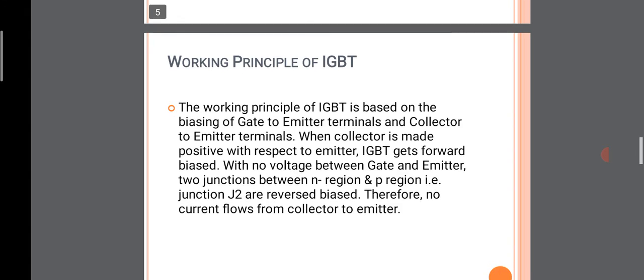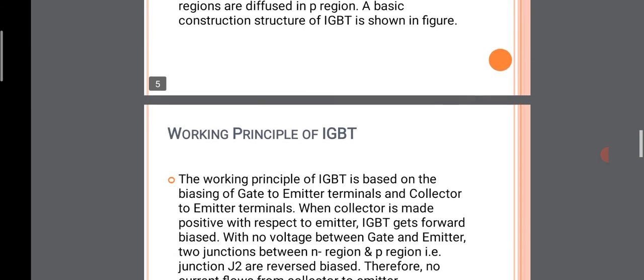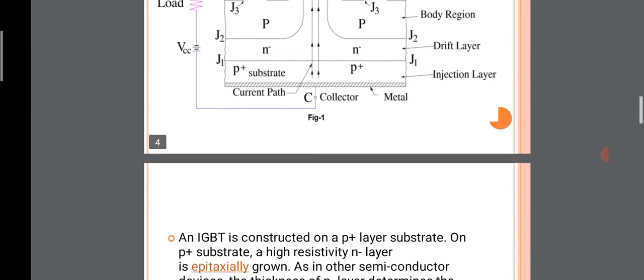Now let's see the working principle of IGBT. The working principle of IGBT is based on the gate to emitter terminals and collector to emitter terminals. Let's see the diagram.